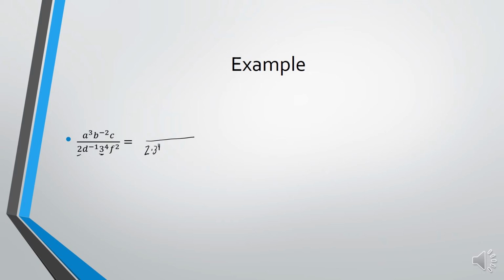Next, though, we want to keep everything with positive exponents. This a cubed, that can stay on the top, so that's good. But that b to the negative 2, I don't like that negative. So if I want it to be positive, I'll have to move the b to the negative 2 to the bottom, which makes it b to a positive 2. C already has a positive exponent, so I'll leave that alone.